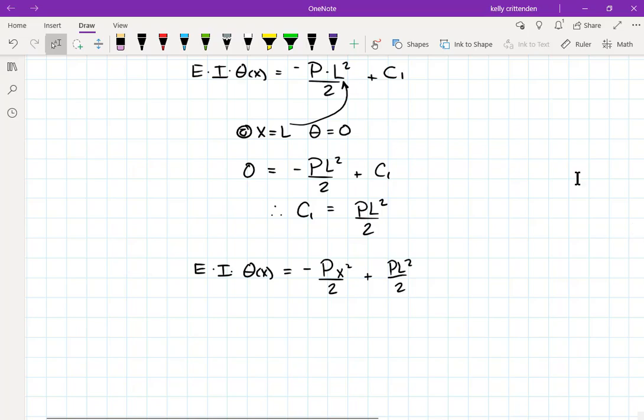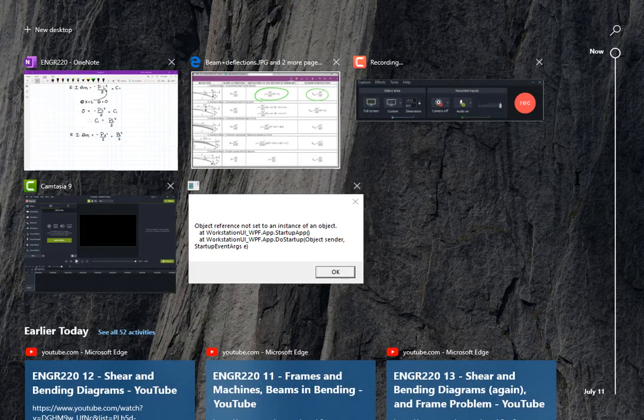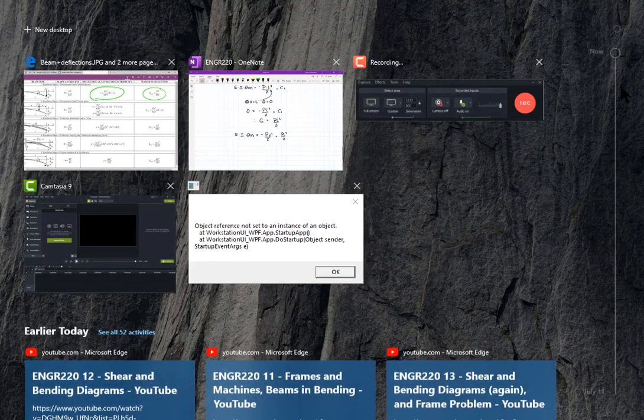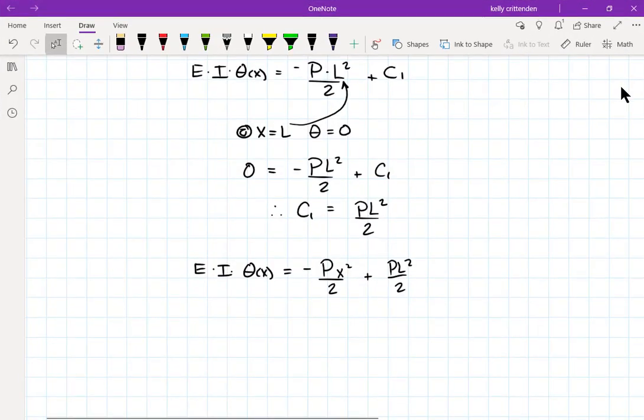So in a chart like we had right here, you have an equation, PL squared over 2EI for theta. So that theta would be dy/dx. Their lowercase l is the same as our uppercase L. And it's squared because when you plug in x equals L, you would have two of those L's.